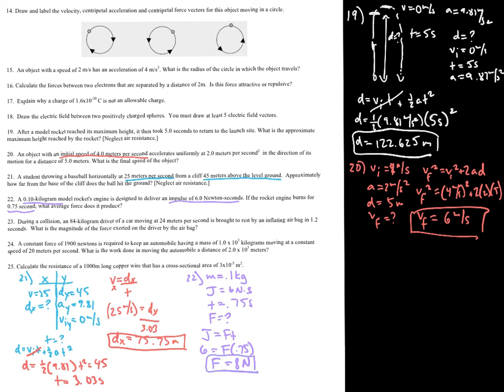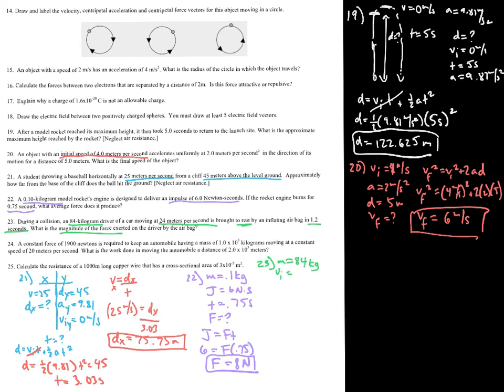Number 23: during a collision, an 84-kilogram driver of a car moving at 24 meters per second is brought to rest by an inflating airbag in 1.2 seconds. What is the magnitude of the force? So this is another momentum impulse question. Mass is 84 kilograms.